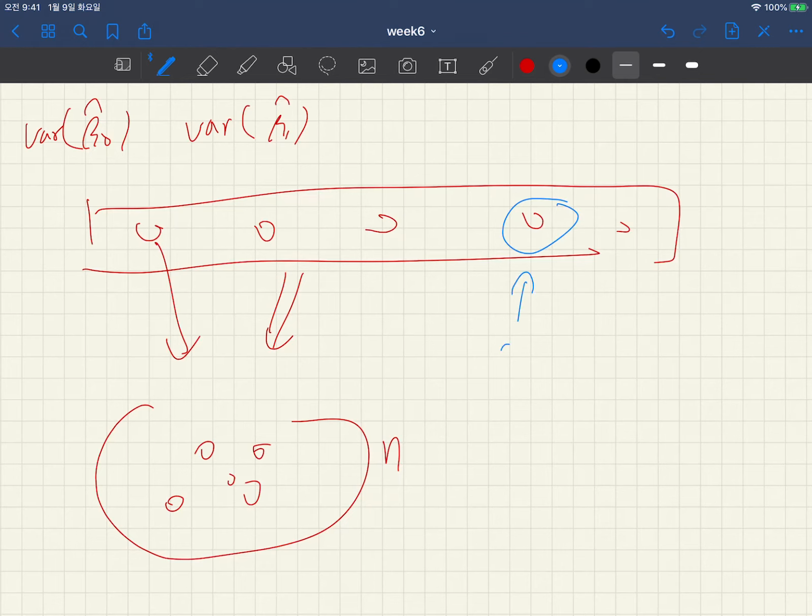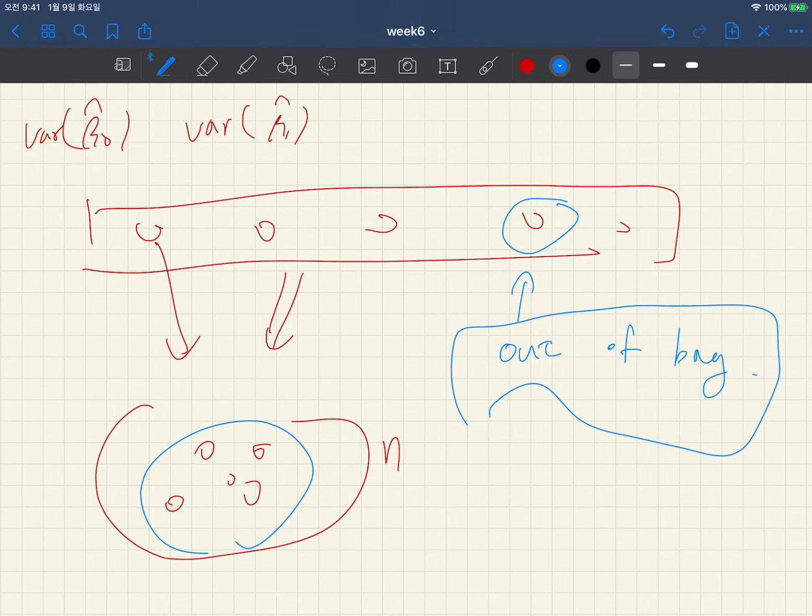This is called out of bag. So using the sampled data, you can train your model, and then you can test your trained model using the out of bag. That is one cross-validation process using bootstrap.